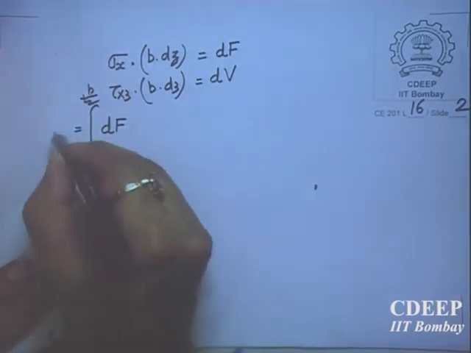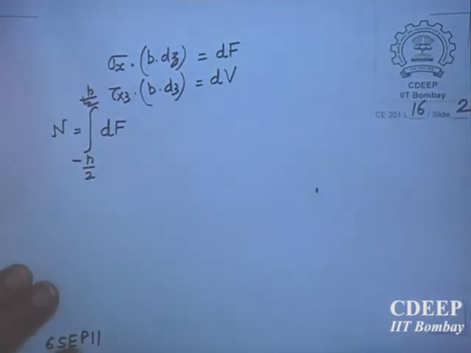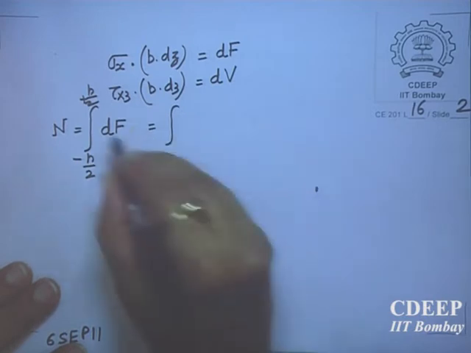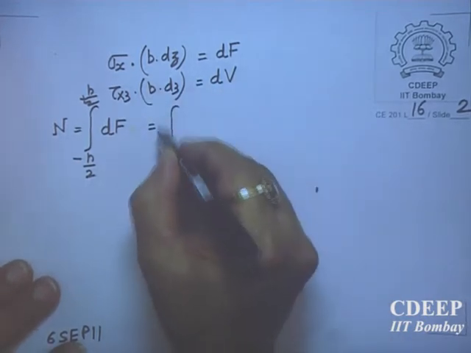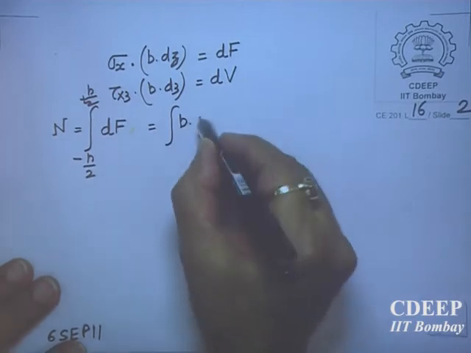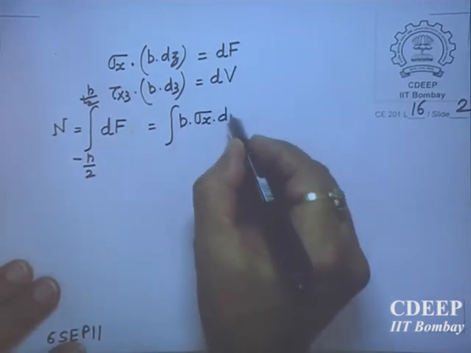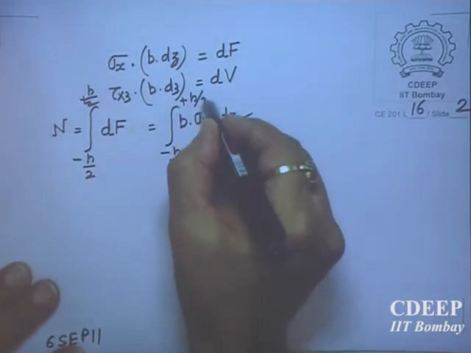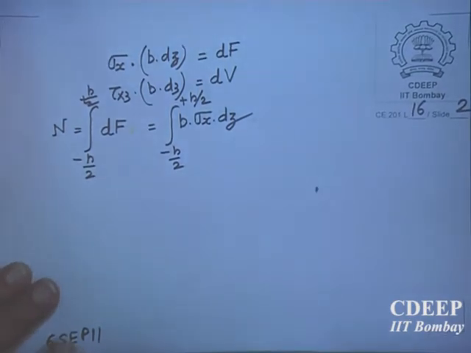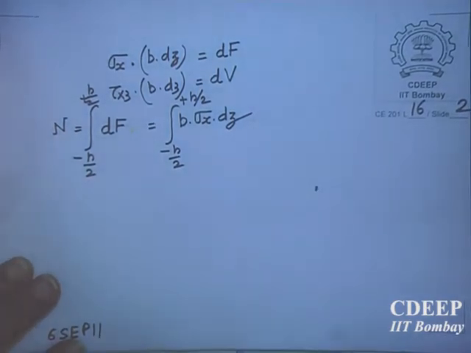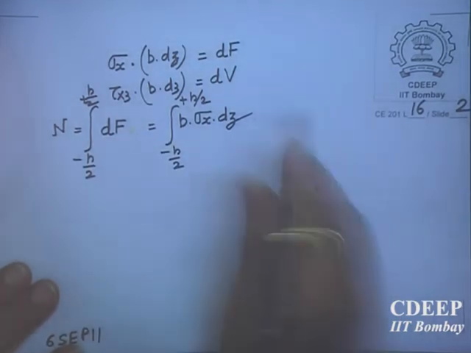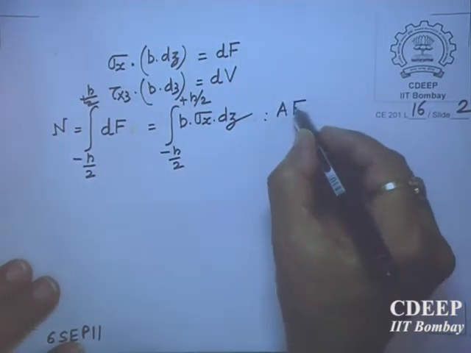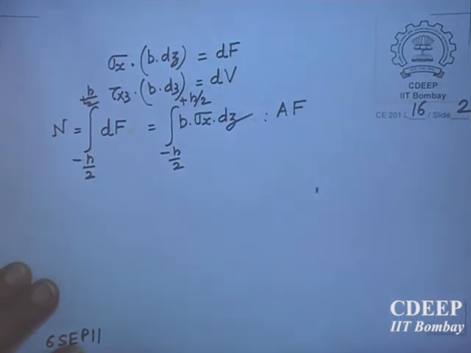It will be equal to N, the axial force. Very good. So the axial force is the integral from minus h by 2 to plus h by 2 of b sigma x dz. B can be taken as unity also; B is the small width. So this is the total axial force, in short AF.